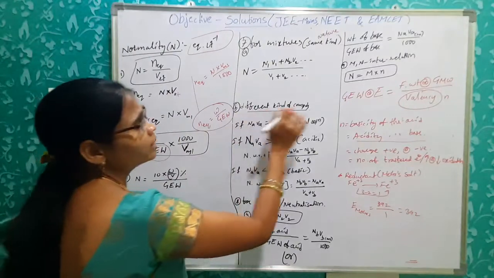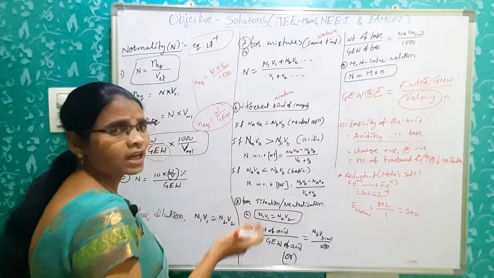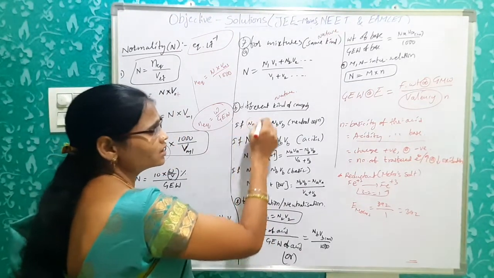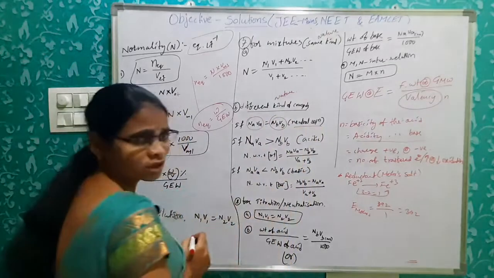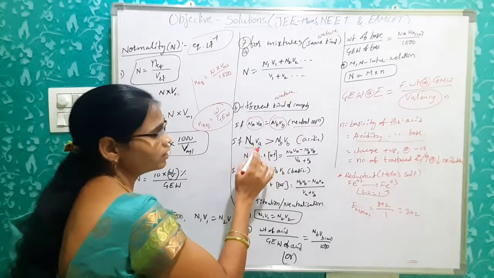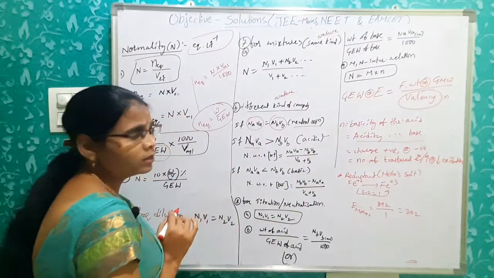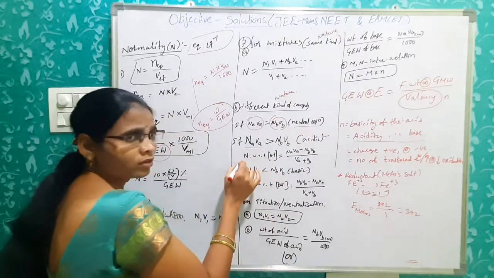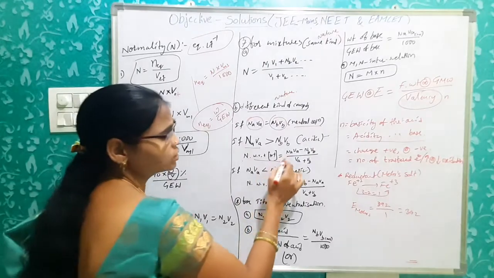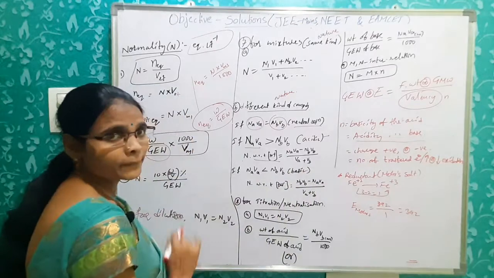For different kinds of compounds mixed together, maybe acids and bases mixed together, if both concentrations are the same, that is a neutral solution. If the acid quantity NaVa is more than NbVb, the resulting solution is acidic. For that we can find normality with respect to H+ ions as NaVa minus NbVb by Va plus Vb. Clear?